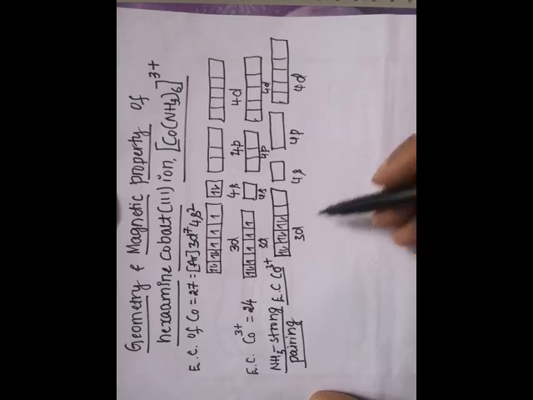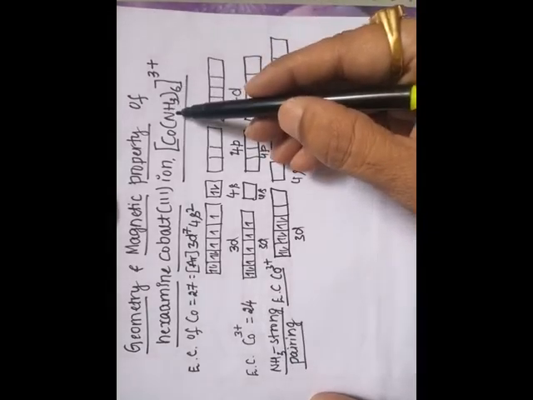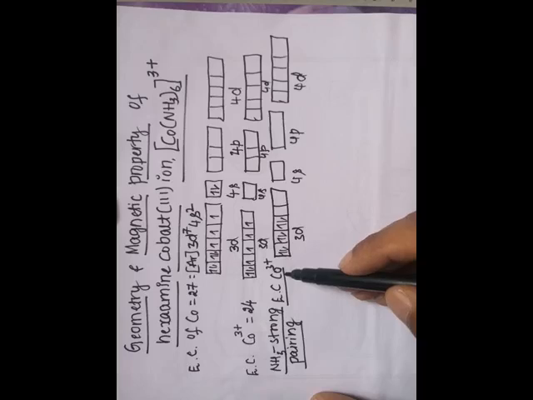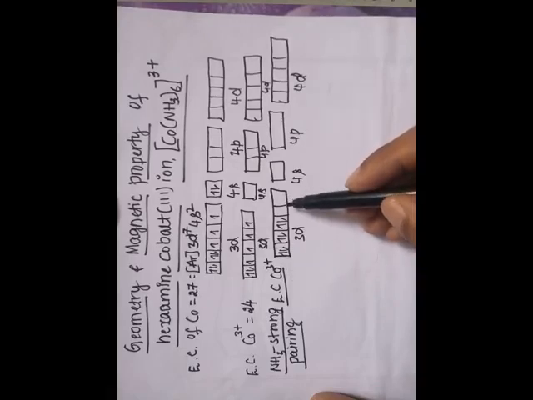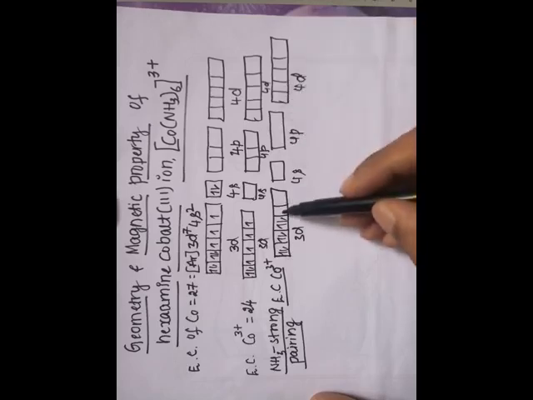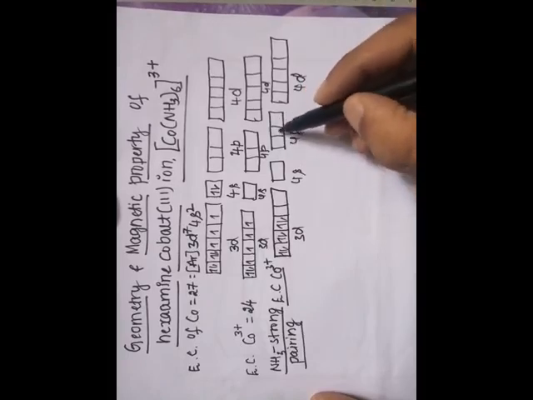Now the 6 ammonia ligands will donate 6 pairs of electrons to the cobalt ion. Therefore, according to the valence bond theory, this cobalt ion should provide 6 vacant orbitals for the formation of 6 coordinate bonds: 1, 2, 3, 4, 5, 6.